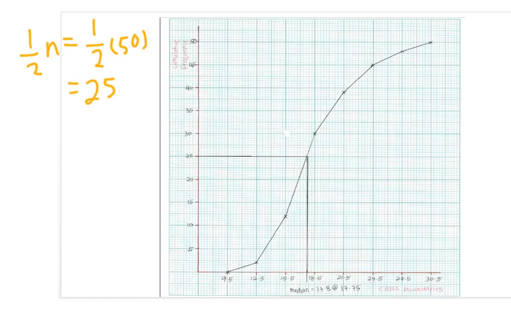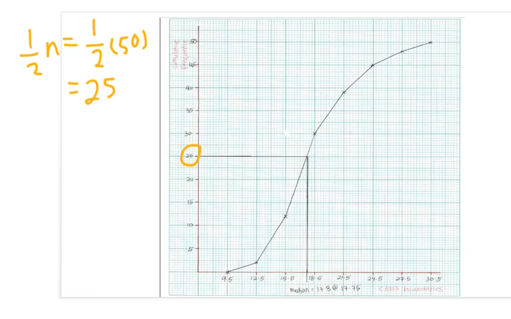25 just represents where your median value is going to be. So 25 is 25 from the 50 customers, the number of customers. You are going to look for 25 on the y-axis in your graph, which represents the cumulative frequency. So it's going to depend on your own graph.